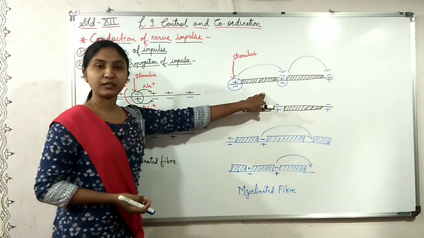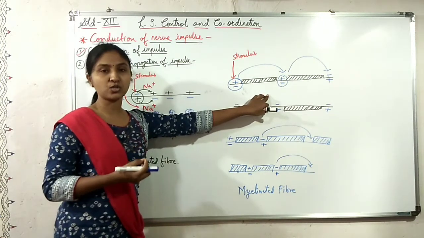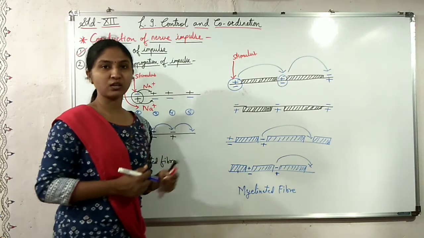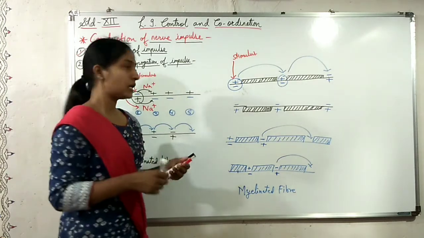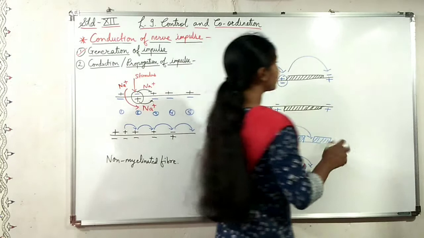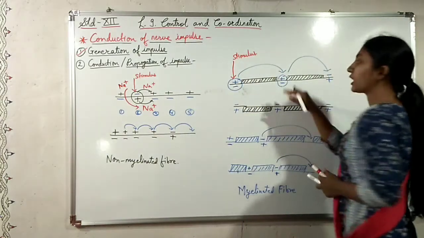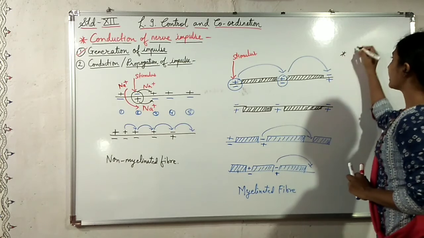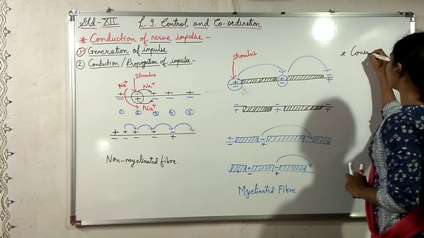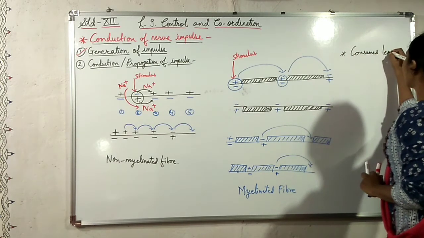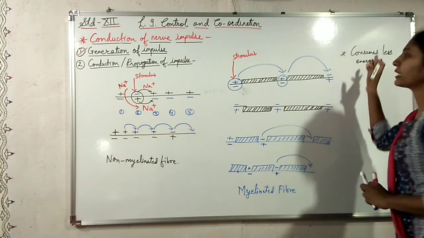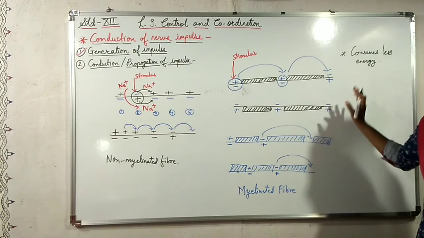Therefore, having a myelinated sheath on the nerve fiber is advantageous because conduction in the myelinated fiber consumes less energy. Or you can say it is energy conservative conduction.